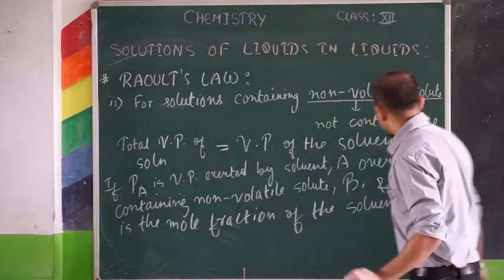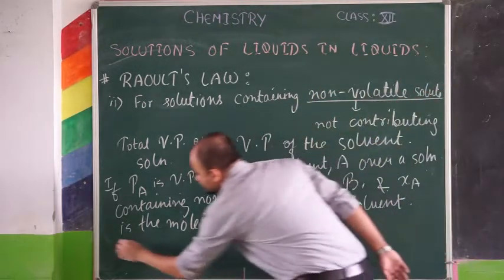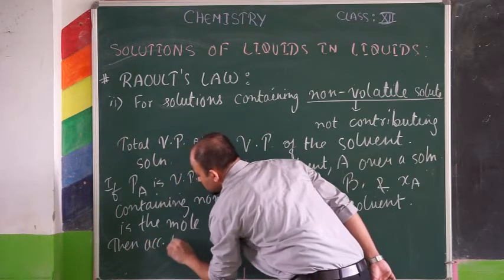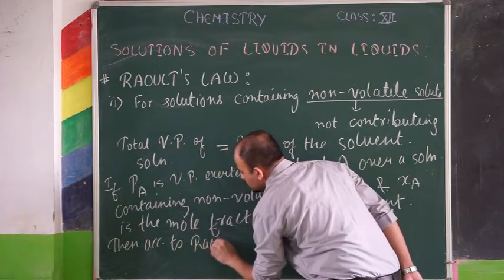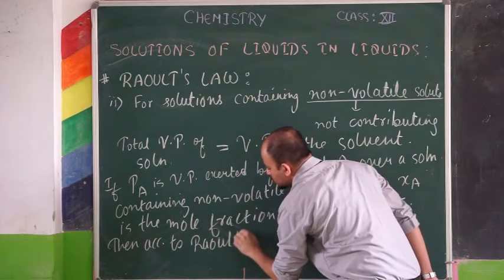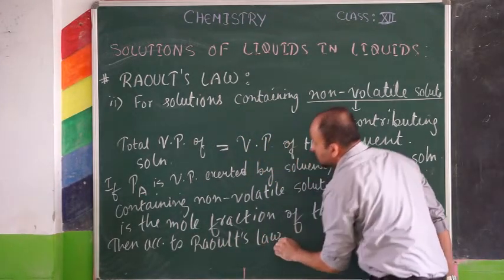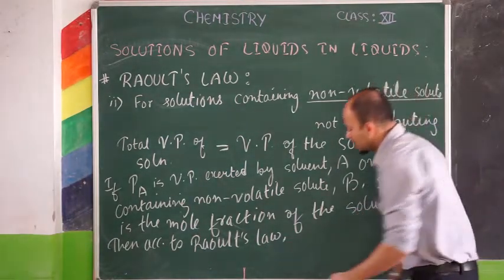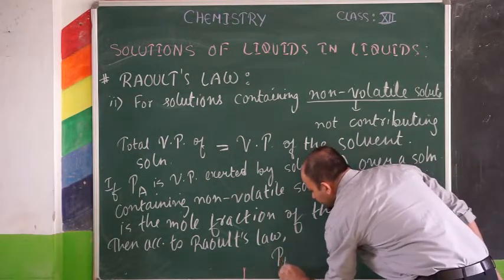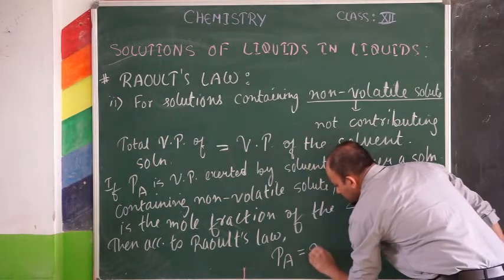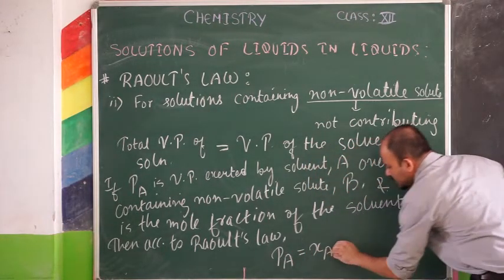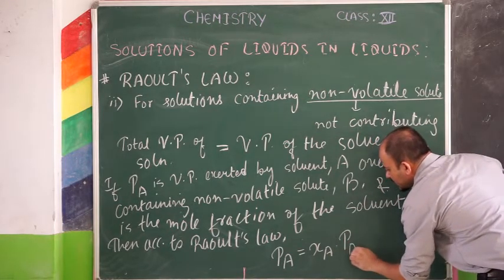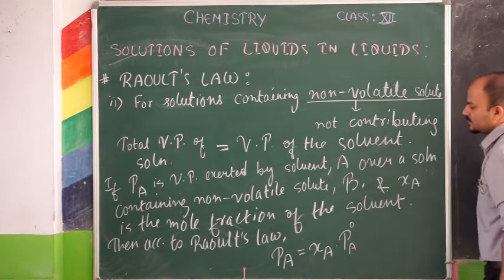Then according to Raoult's law, which we have discussed, what do we have? We have the partial pressure of A equal to the mole fraction of A into the pressure exerted by A whenever it is in the pure state.